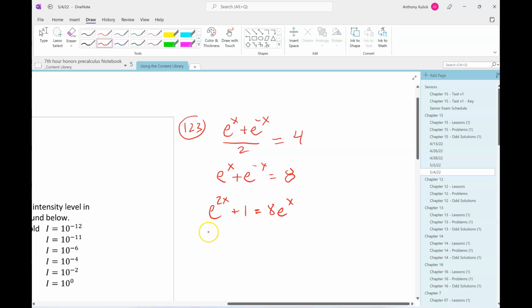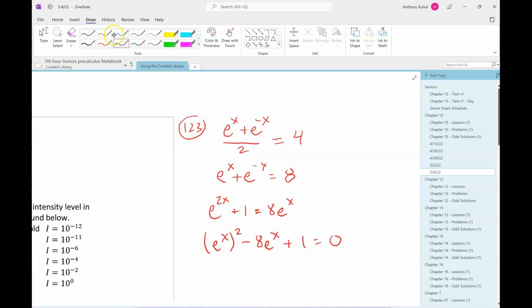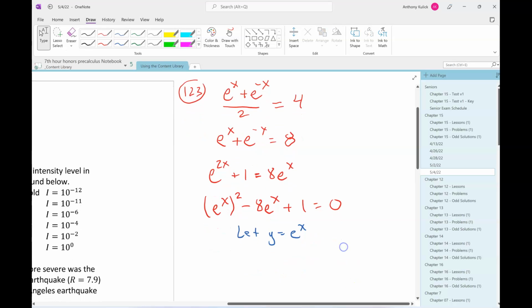Okay. Let's move everything onto one side, and I'm going to rewrite e to the 2x as e to the x squared, because an exponent of an exponent means multiplication. We talked about that last time. So what I have now is something in quadratic form.